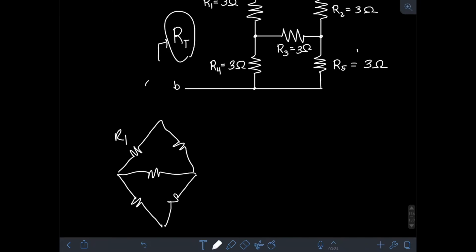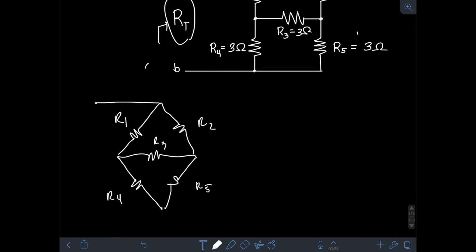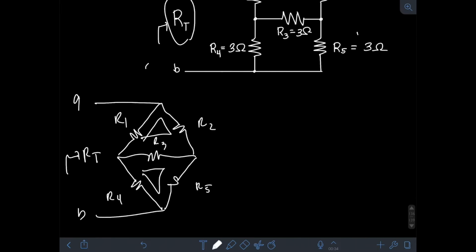This is R1, R2, R3, R4, and R5. And these are the terminals A and B, where we will find the total resistance. So it is easier for us to visualize the delta and Y. We have one delta and another delta here, and we also have a Y here and another Y here, right?